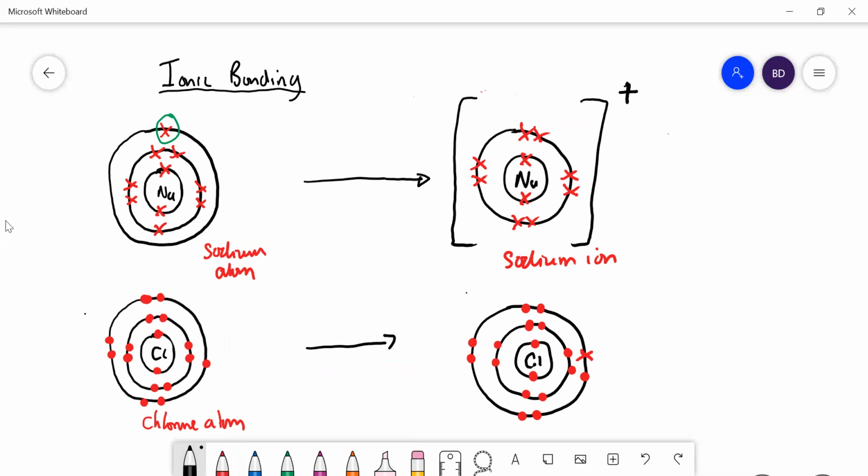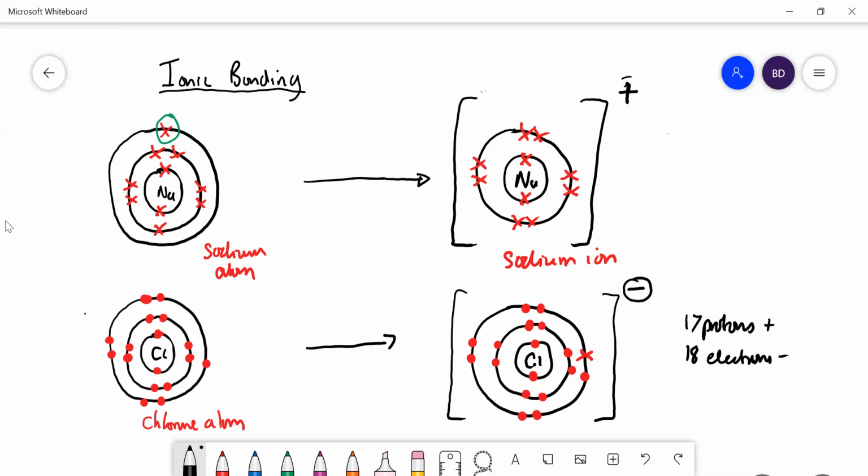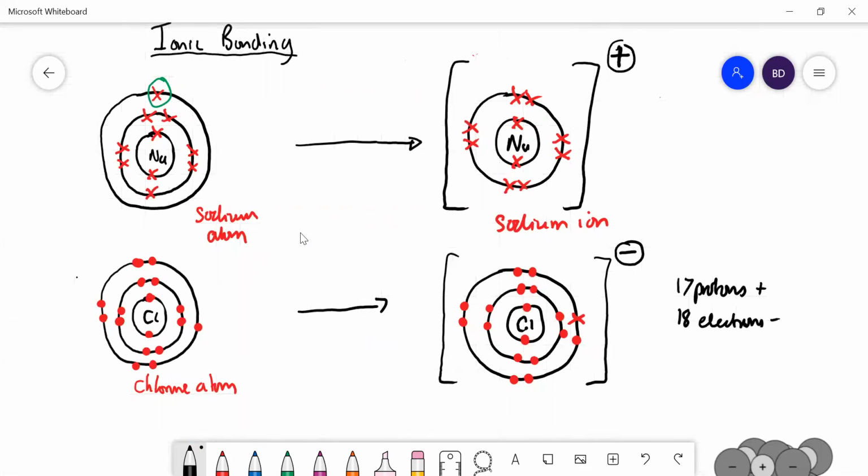And you can see that the chlorine is no longer electrically neutral because it's still got 17 protons, which are plus, but it's now got 18 electrons, which are minus. Okay, so that means we're going to have a minus charge up there. Quite often I draw a circle around it just to make it a bit clearer. And this is a chloride ion.